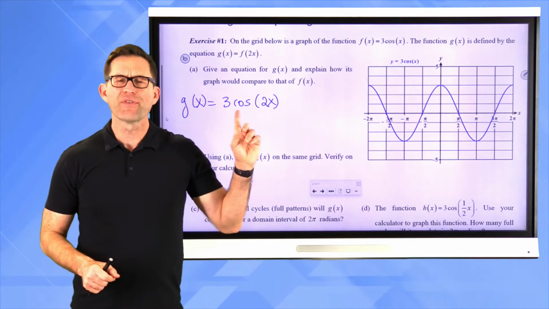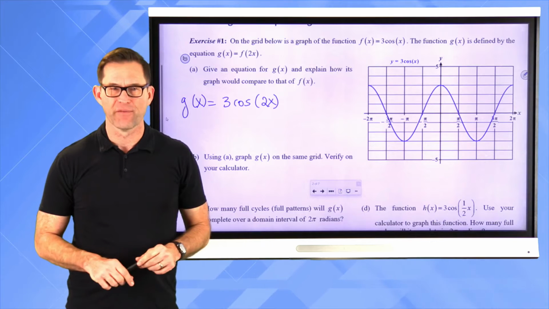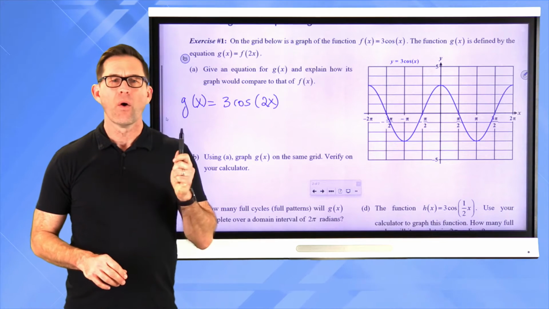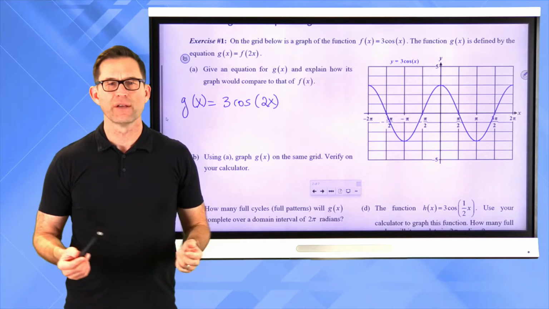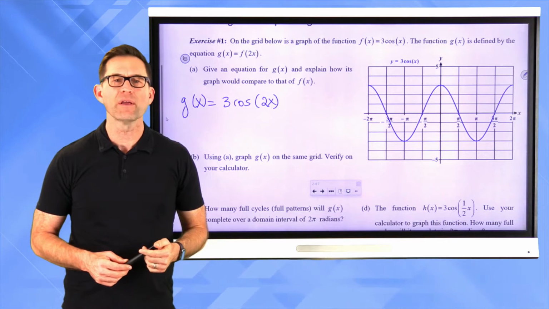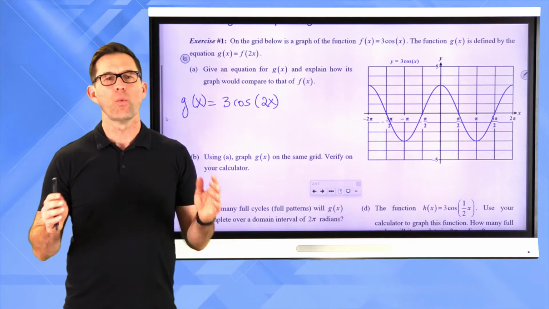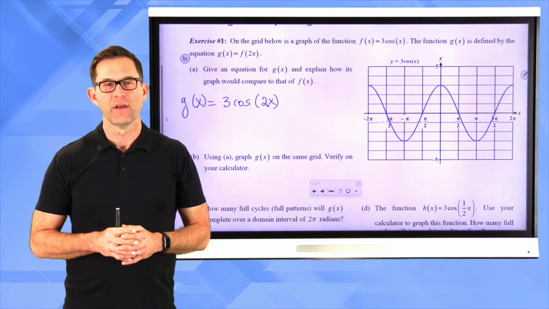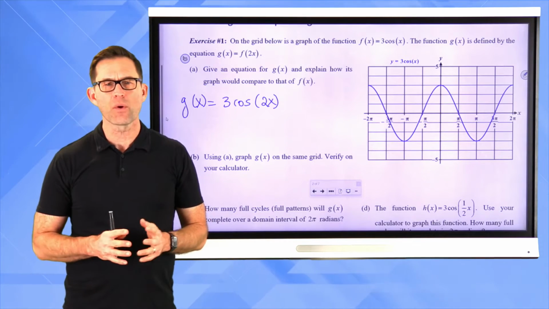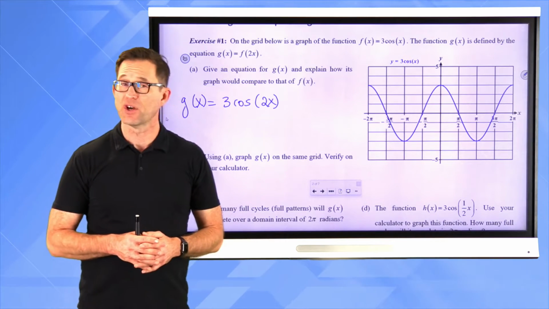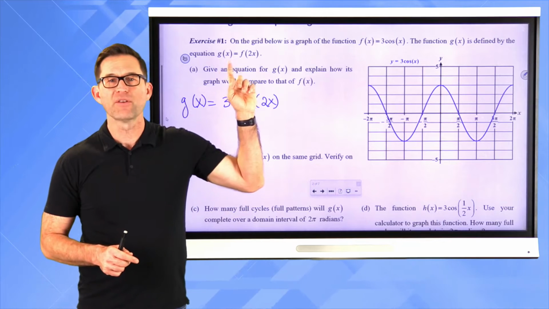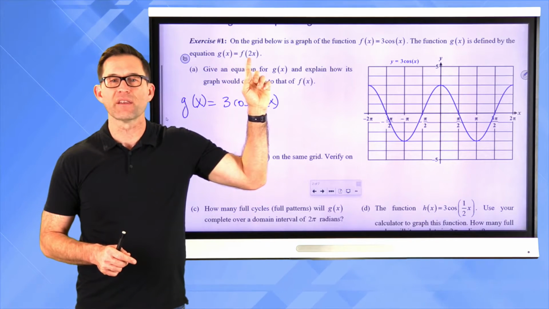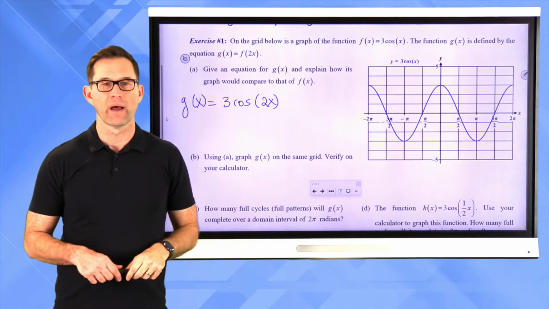Now, how would the graph compare to that of f of x? And remember, horizontal compressions and stretches work counterintuitively to what you'd think. Pause the video now and see if you can remember from our transformation unit what would happen to the graph of f of x if we suddenly had the graph of f of 2x.